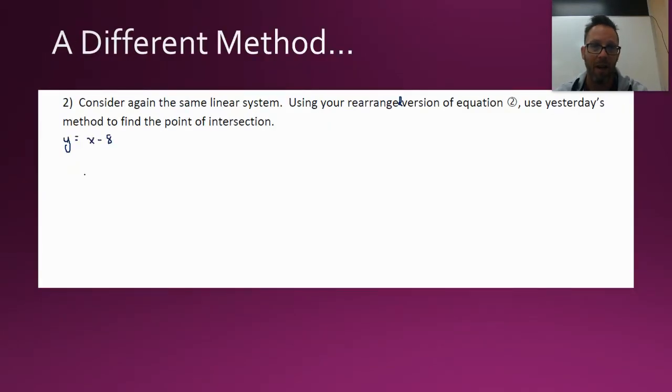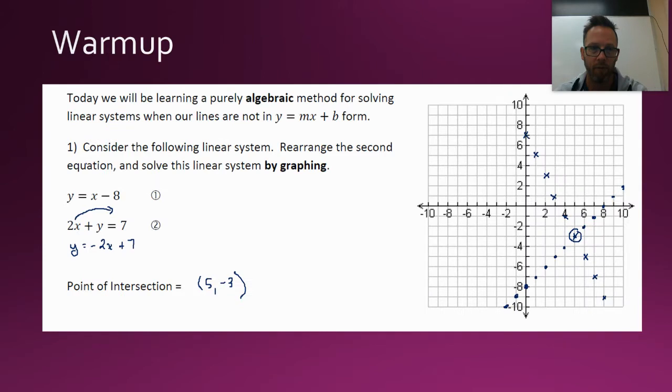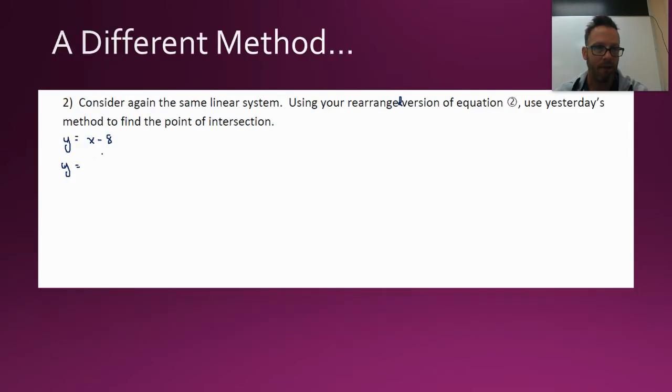The rearranged version of our second equation was y equals -2x plus 7. And our strategy, hopefully you're very practiced up now, was to set equation 1 equal to equation 2. x minus 8 equals -2x plus 7.